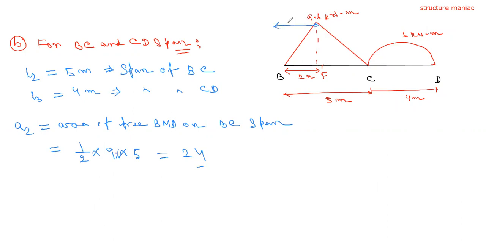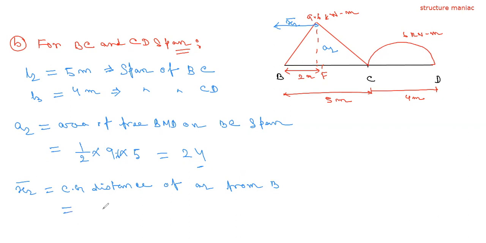Now what we need to have? We need to have the x2 bar. This one will be useful when we apply the three moment theorem for BC and CD span. So x2 bar. Now what is x2 bar? CG distance of area A2 directly from B. So what will be that value?